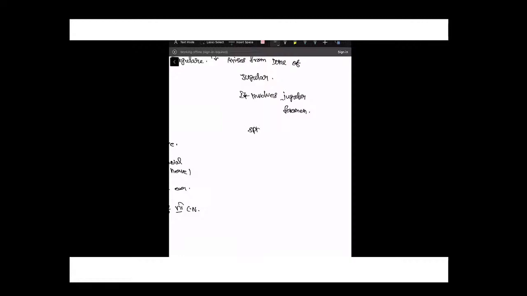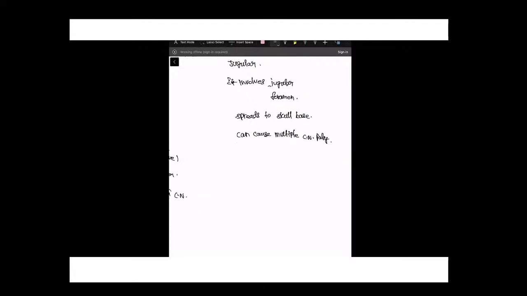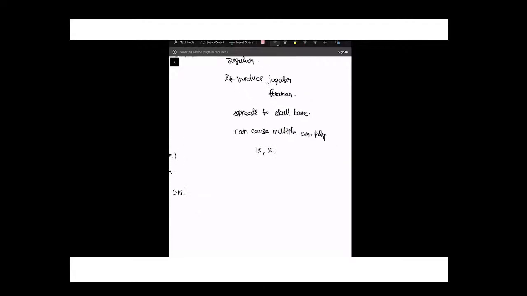It spreads to the skull base and can cause multiple cranial nerve palsy, of the 9, 10, 11 cranial nerves.